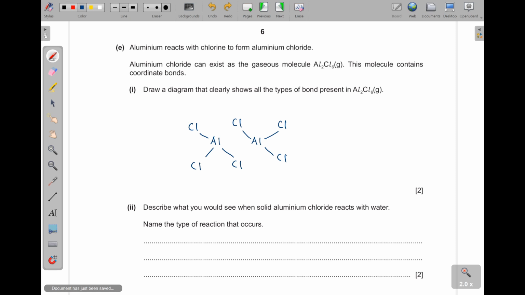The hydrated compound of aluminium chloride is an ionic compound, but then without any water, if it is a gaseous molecule, then it is going to dimerize. So what is going to happen is that, let's say these are 2 electrons shared here, 2, 2, 2, 2, those are 6. So it is remaining with 2, and chlorine here has already shared with this, but then it has lone pairs. So what happens, it donates a lone pair here to this aluminium. The same with this one here, it will donate to this aluminium.